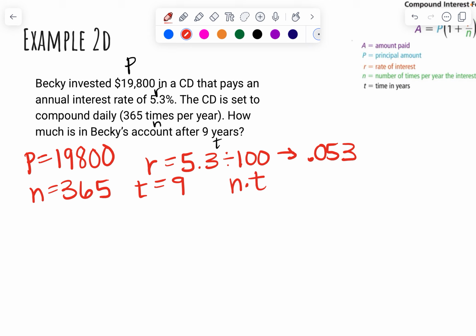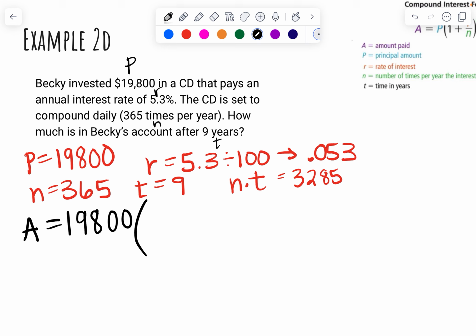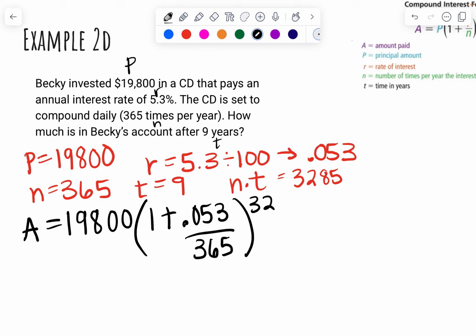N times t here, 365 times 9 is 3,285. So putting all that in, A equals 19,800 times (1 plus 0.053 over 365) to the power of 3,285.